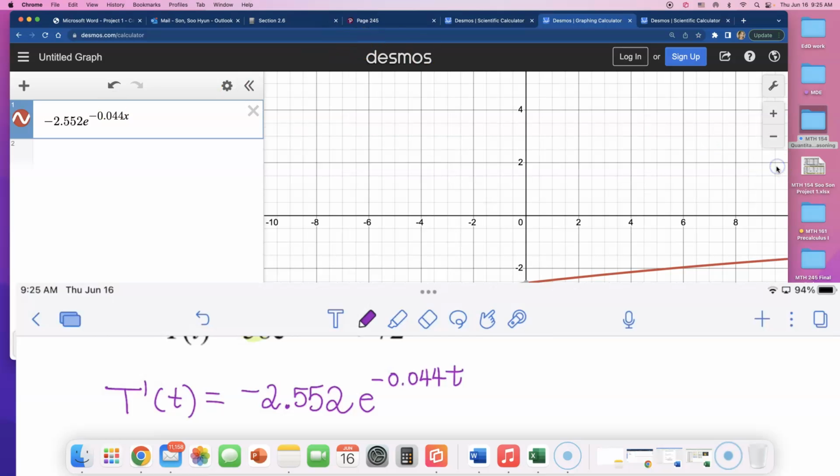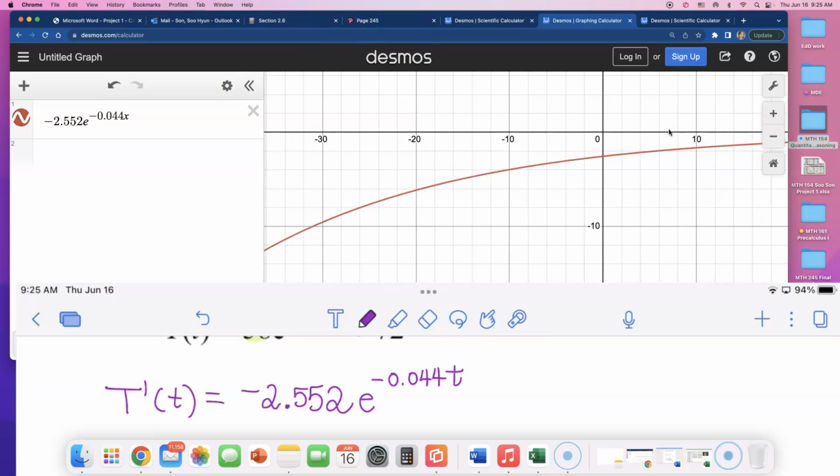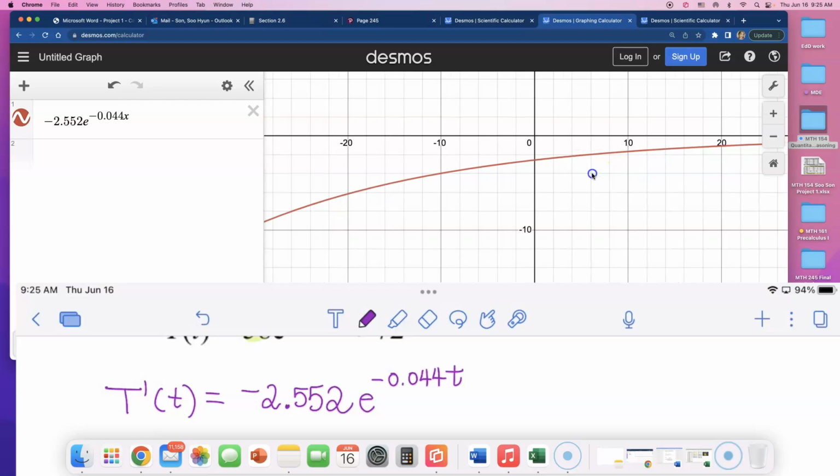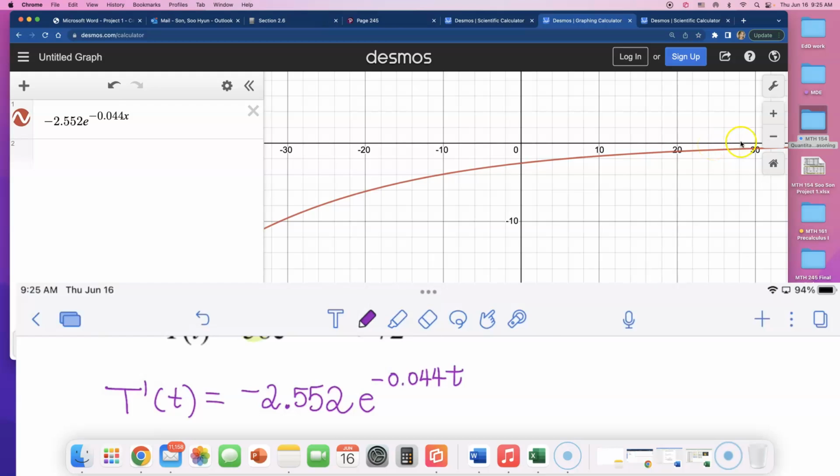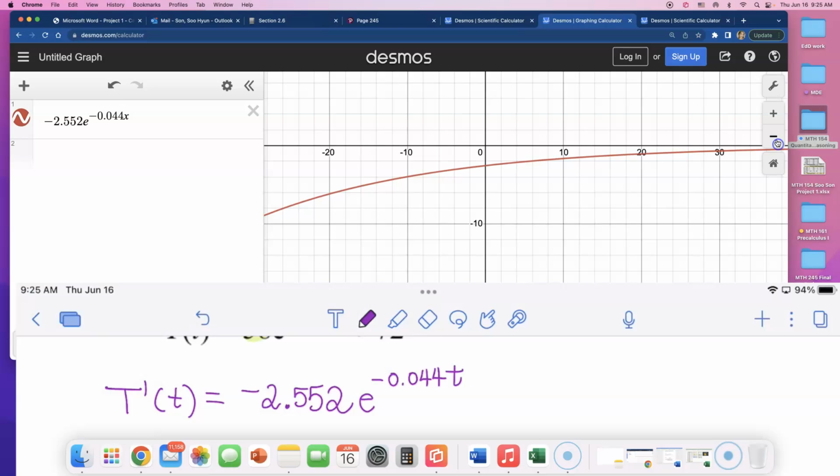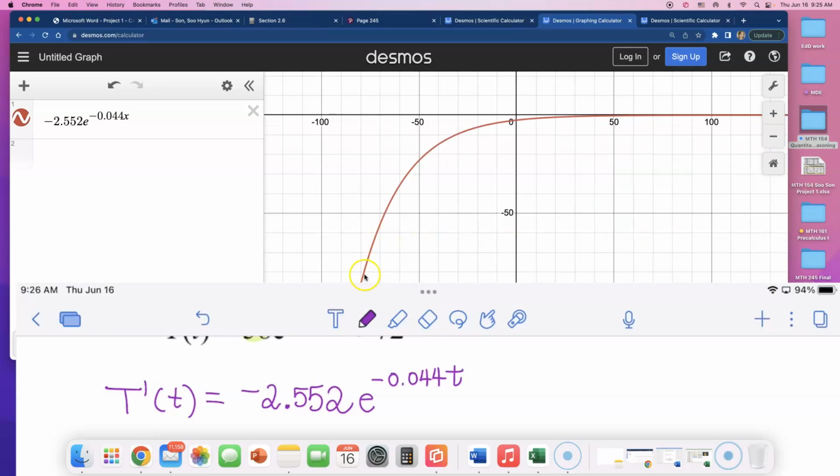Kind of unexpected, because I thought it was going to slow. But that's okay, this is very good. It started low, but we shouldn't really look at that part.